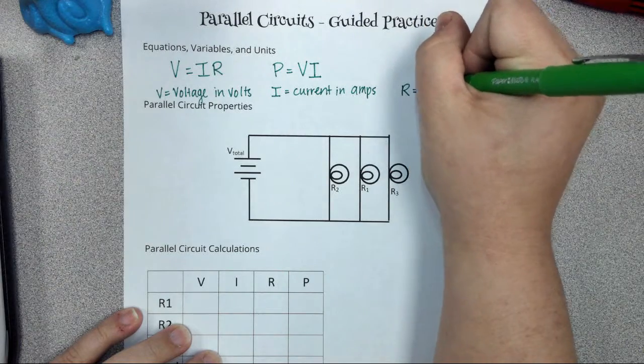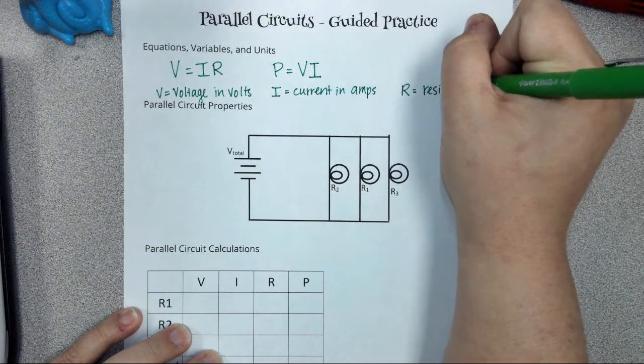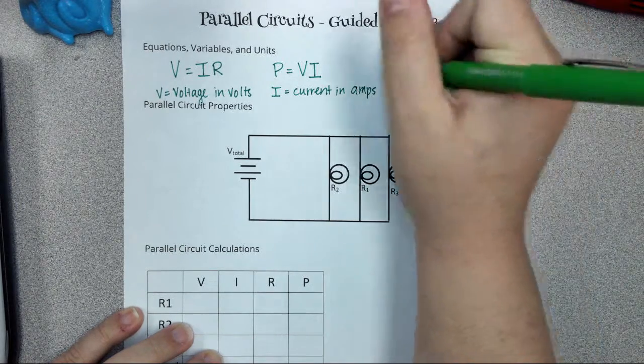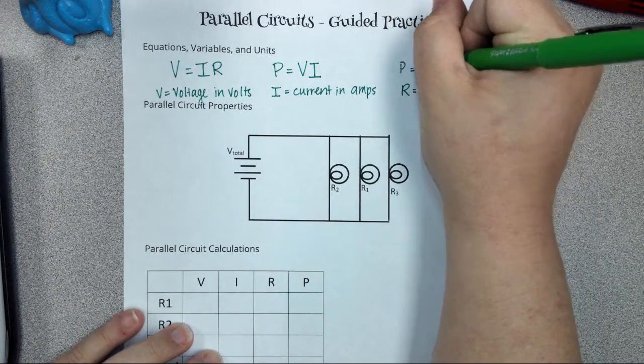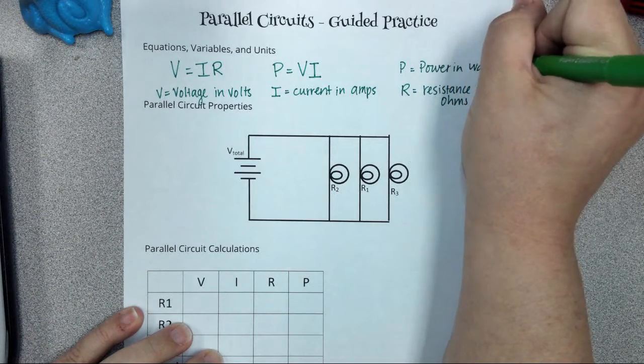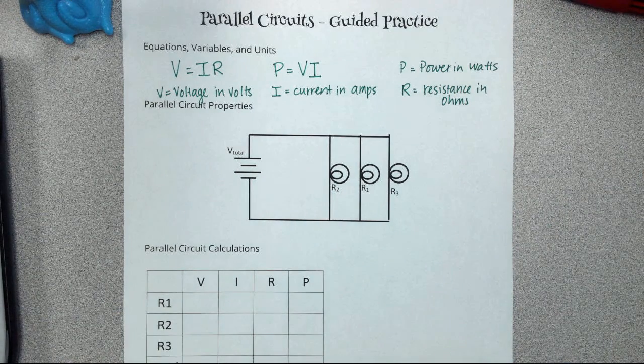R is resistance in ohms. And P is power in watts. By now you should be familiar with these symbols and their units. If you're not, you need to spend some time practicing them because those will help you out a lot, especially when you get word problems.